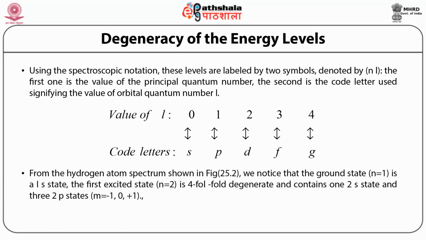From the hydrogen atom spectrum discussed previously, we notice that the ground state n equal to 1 is a 1s state.